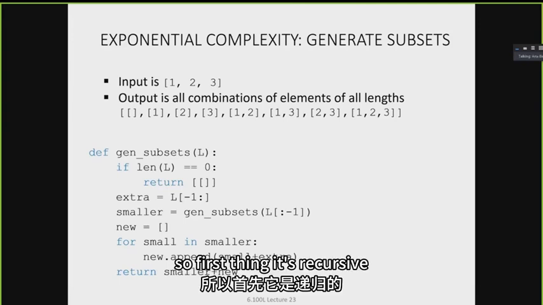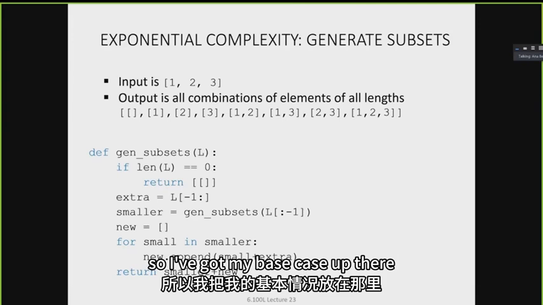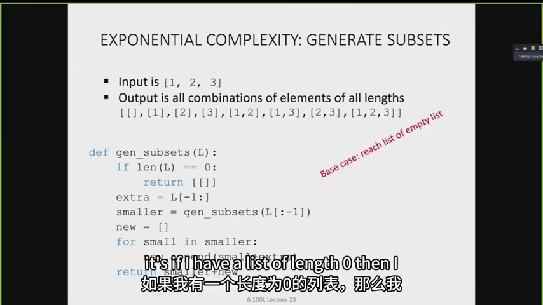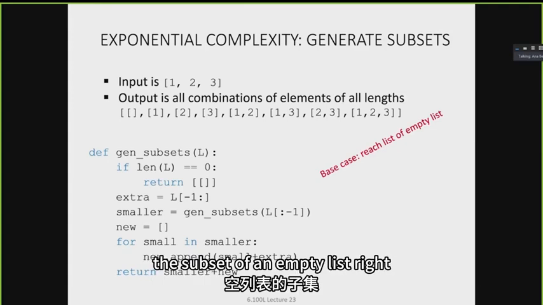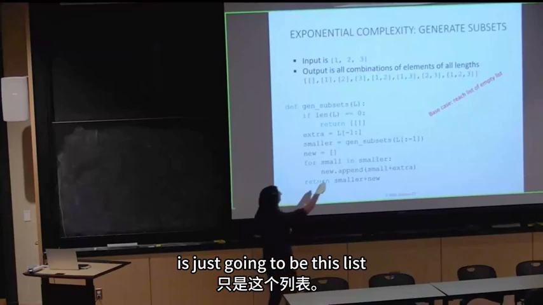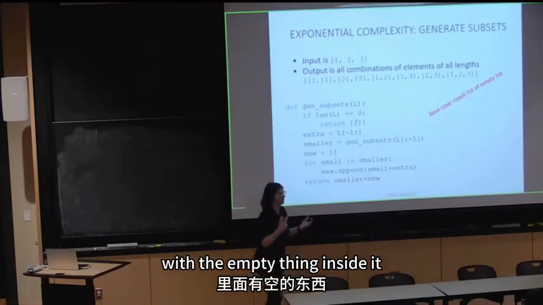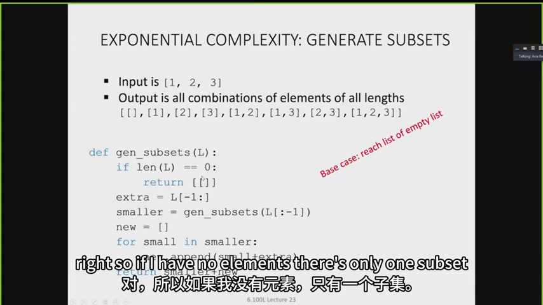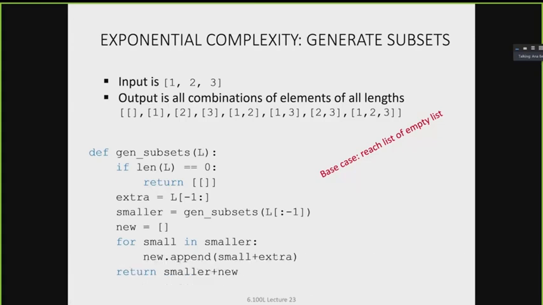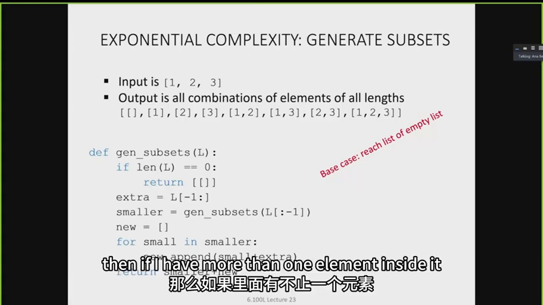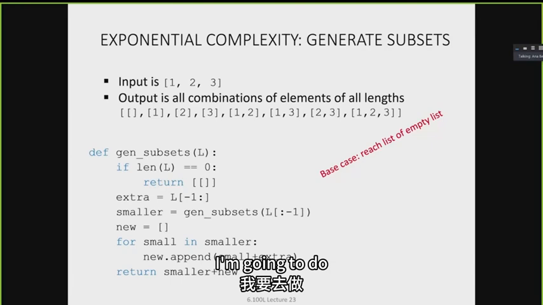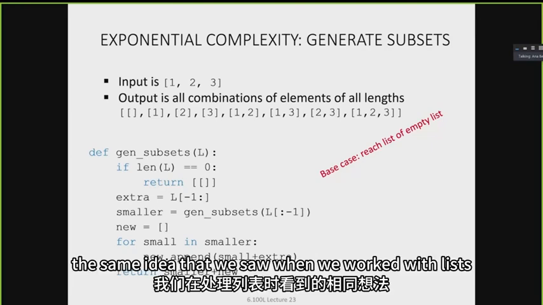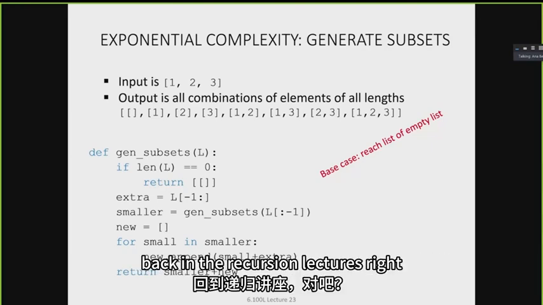So first thing, it's recursive, so I've got my base case up there. If I have a list of length 0, then the subset of an empty list is just going to be this list with the empty thing inside it. Right? So if I have no elements, there's only one subset, that's the empty list. Then, if I have more than one element inside it, I'm going to do the same idea that we saw when we worked with lists back in the recursion lectures.